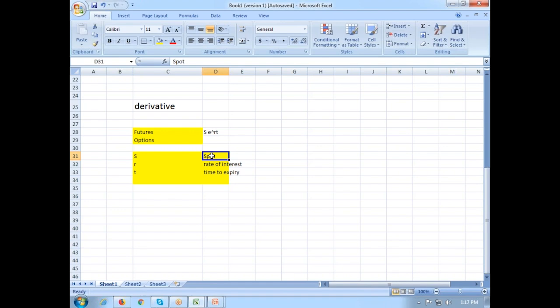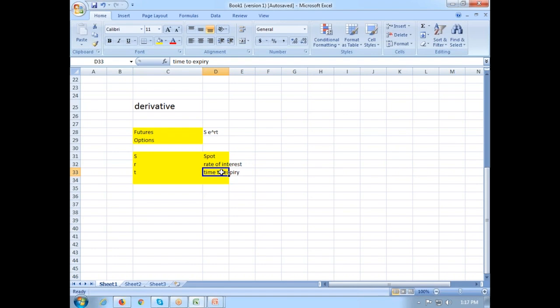Spot price is something you have come across in the cash market. Rate of interest is something that Dr. Urjit Patel decides in India. Time to expiry is an important concept. What is time to expiry?